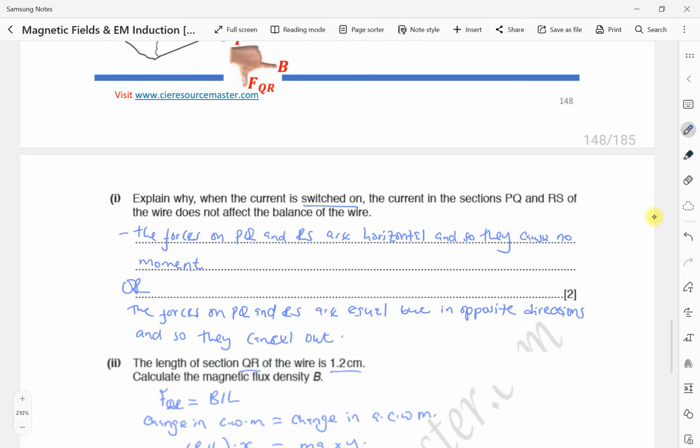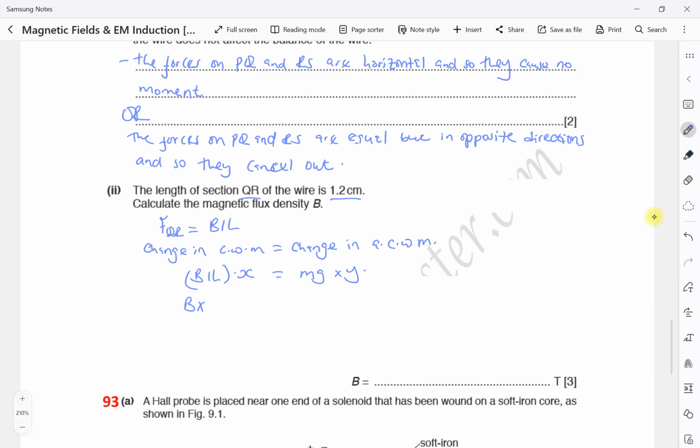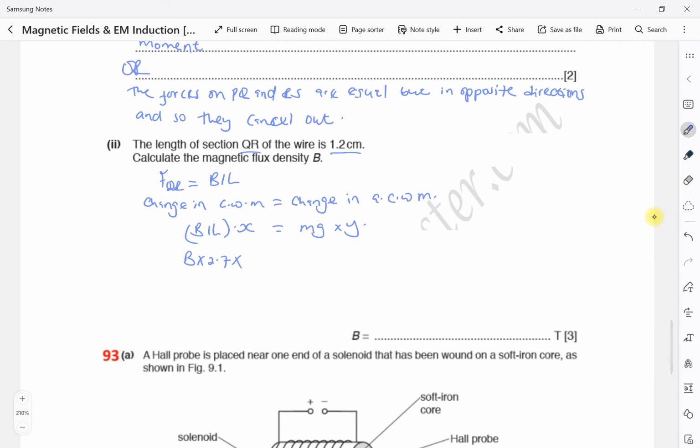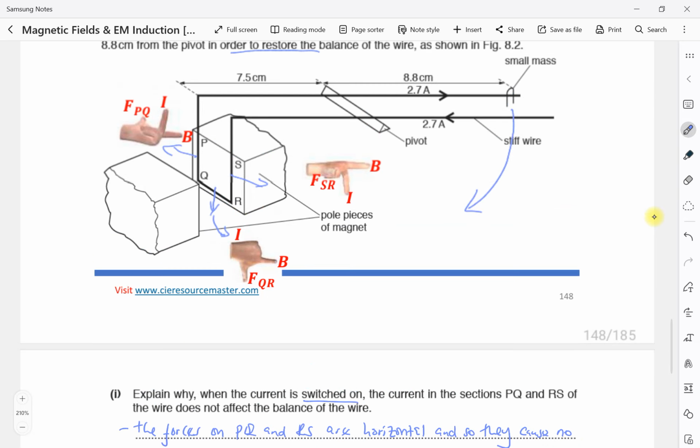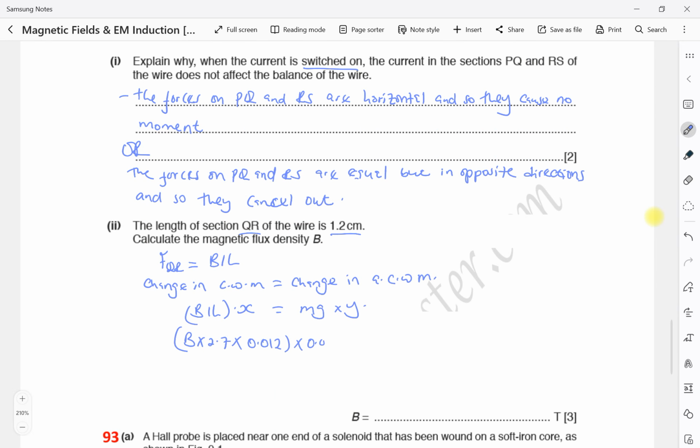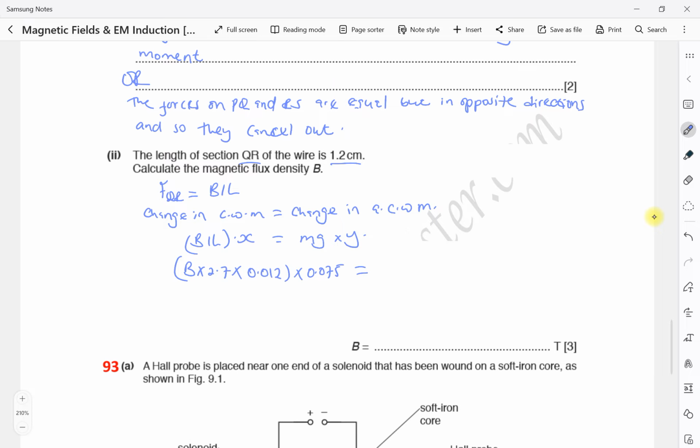So we have B times the current, which is 2.7, times the length of section QR, 1.2 centimeters, which is 0.012 meters. That is the force. The perpendicular distance from the pivot was 7.5, which is 0.075. This should be equal to the weight.